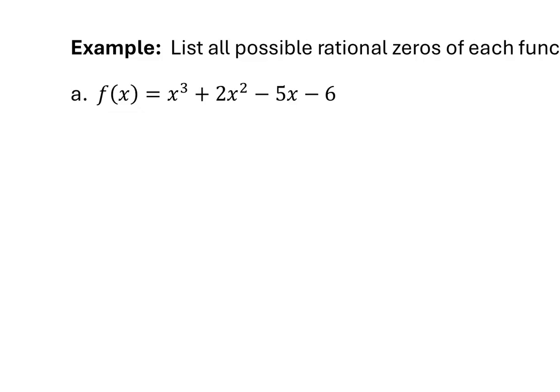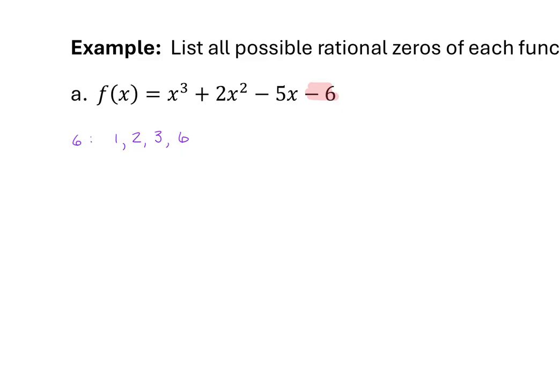The first thing I want to do is start with my last, our 6. I want to know what are all the things that divide into 6. Well, 6 is divisible by 1, 2, 3, and 6.